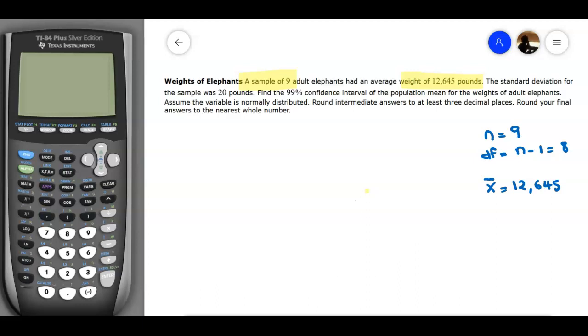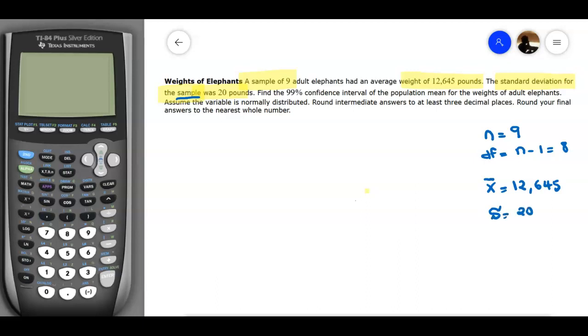This is really important. They are saying the standard deviation for the sample is 20 pounds. Because they say for the sample, this is S, not sigma.